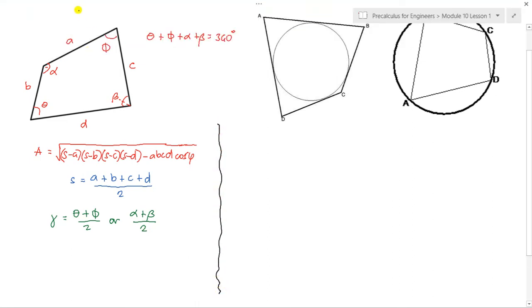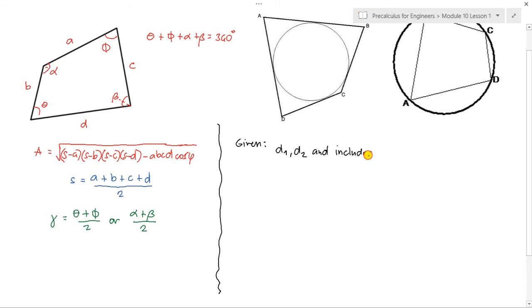What if the given are the two diagonals? What if the given are the two diagonals, that is d1, d2, and the included angle.